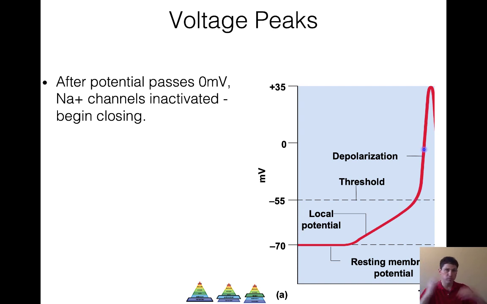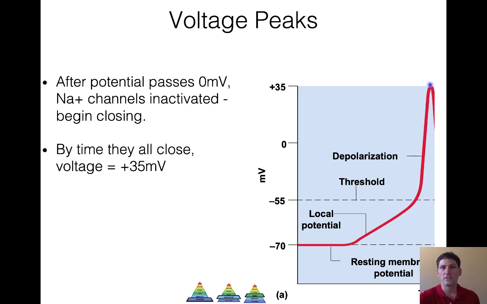So now all these sodium channels are slamming shut, so no more sodium is coming in. And by the time it reaches positive 35, they're all closed. Okay, so now we've got 4 voltages to know about. Negative 70 is our RMP, negative 55 is our threshold, 0 causes our sodium channels to close, and at 35, those sodium channels have all closed.